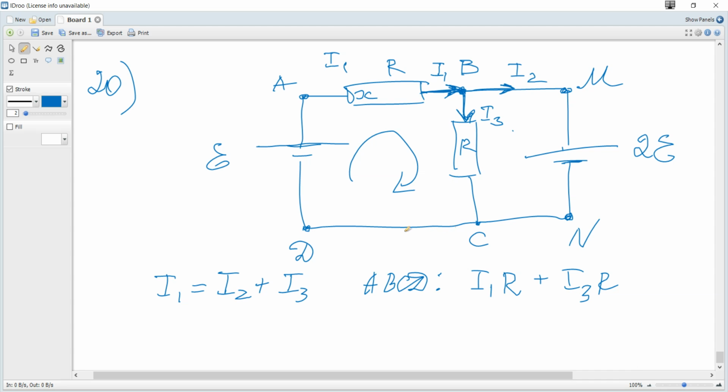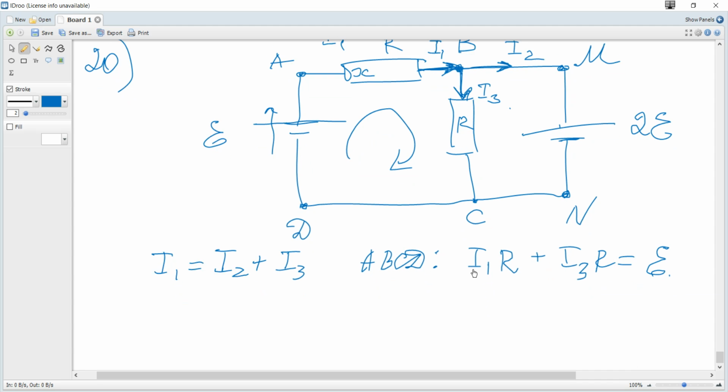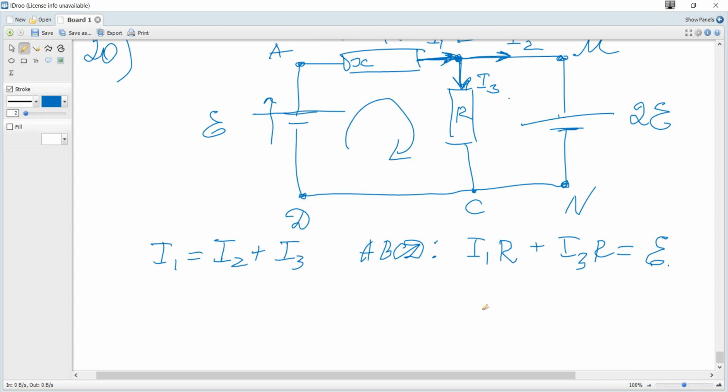There are no other resistors, so no other IR, is equal to the sum of EMFs. And notice that this EMF provides current also in clockwise direction, so it's positive, so it's E. And what do we need? Current in X, so we need I1.